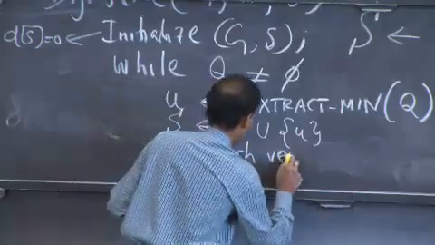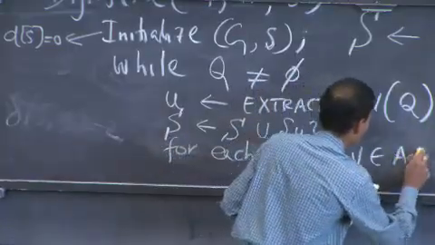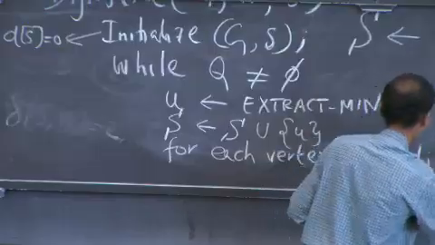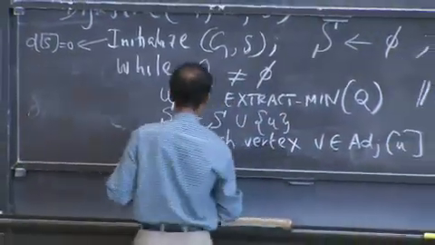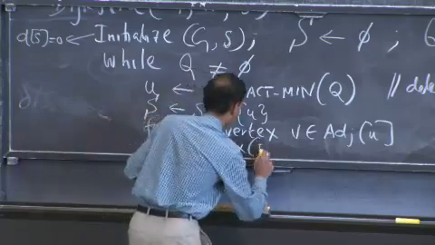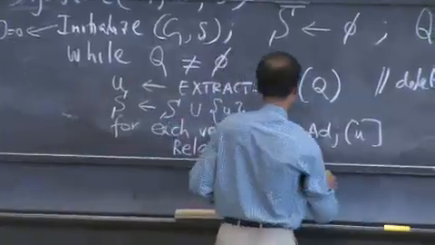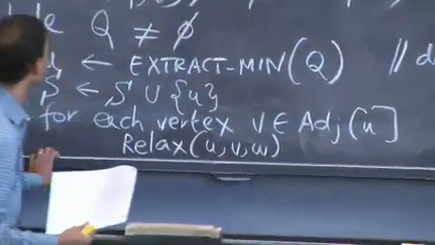So for each vertex V belonging to adjacent U, so that you can reach from U, we relax U, V, W. All right? That's it. That's Dijkstra.